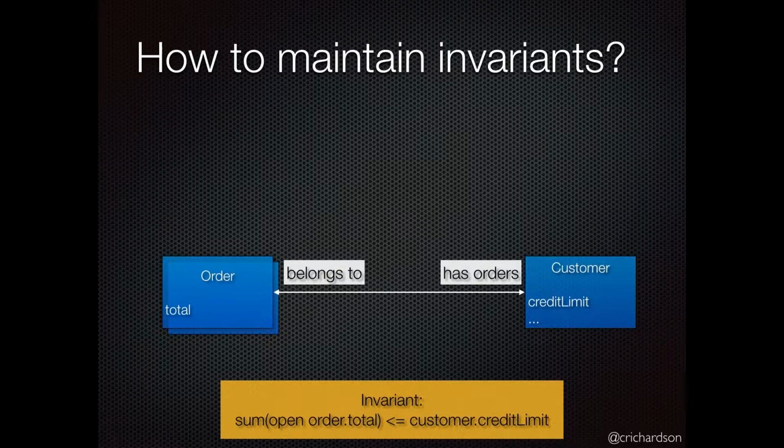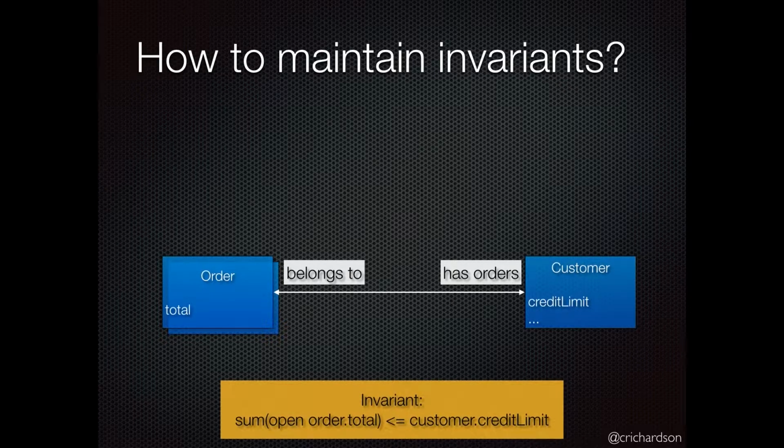The example that I introduced earlier was the notion that customers have a credit limit, which means that when you place a new order, you have to verify that it doesn't exceed the credit limit for that customer.